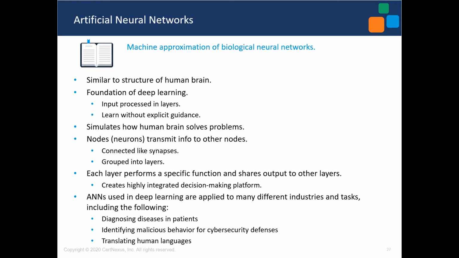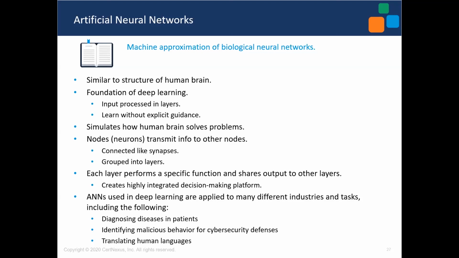Those neurons are connected by synapses in our brain, and in computers, those neurons or nodes are connected by electricity, and they're grouped into layers. So we use brain-like terminology, but again, making the distinction that we've yet to create any type of artificial intelligence that is representative of the brain in its entirety.